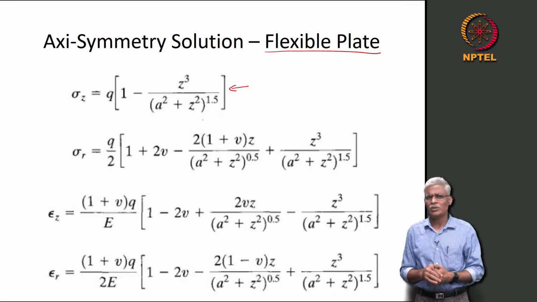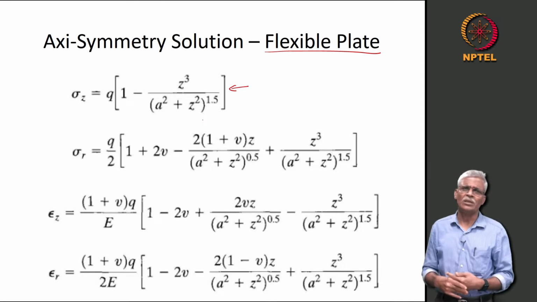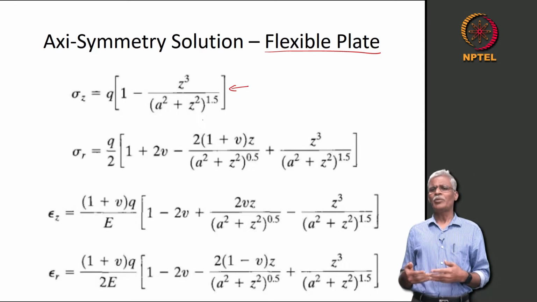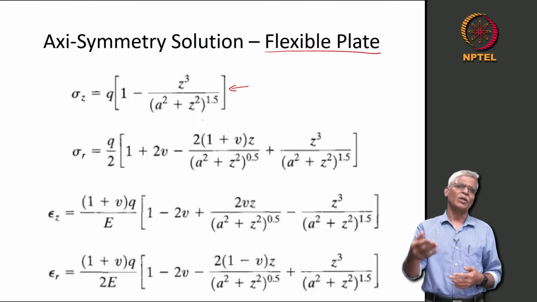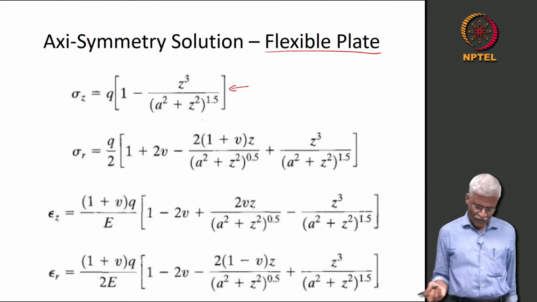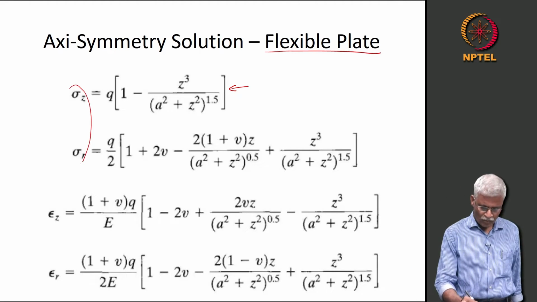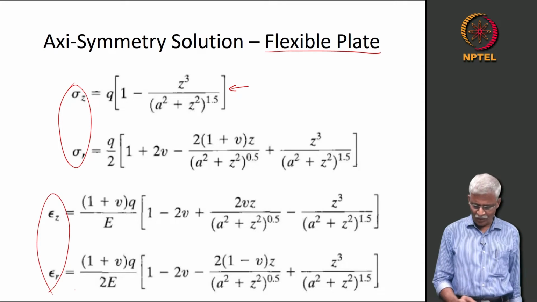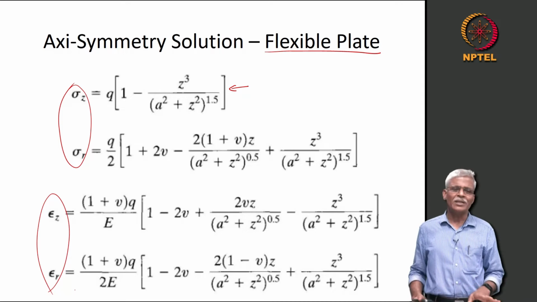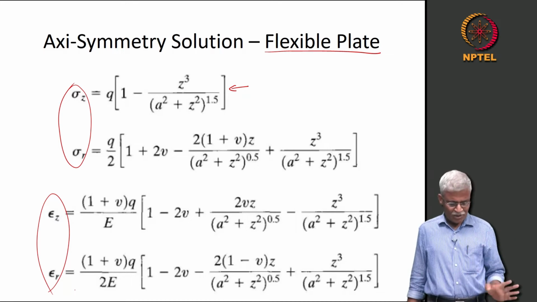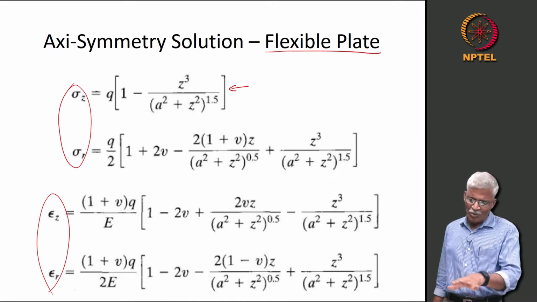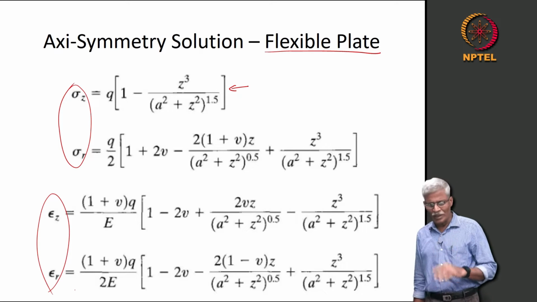Even at IIT Madras, when I teach this, I give a formula sheet separately at the end of the examination paper in which some of these formulas are already given. But what I do is I remove this and give this formula, and the students are expected to look at it and understand that this is sigma z, this is sigma r, this is epsilon z and this is epsilon r. When you spend time looking at all these solutions, it will become very clear to you.